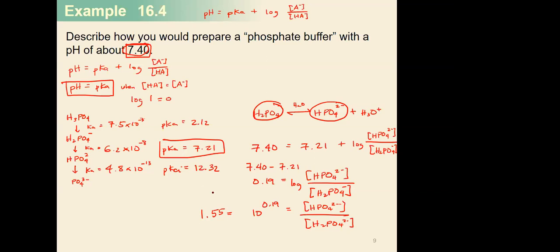We could say that for every 1.55 moles of HPO4 2 minus, you have 1 mole of H2PO4 minus. That's the mole ratio that you have. All you need to do now is determine it in mass, but you have already solved the given problem.